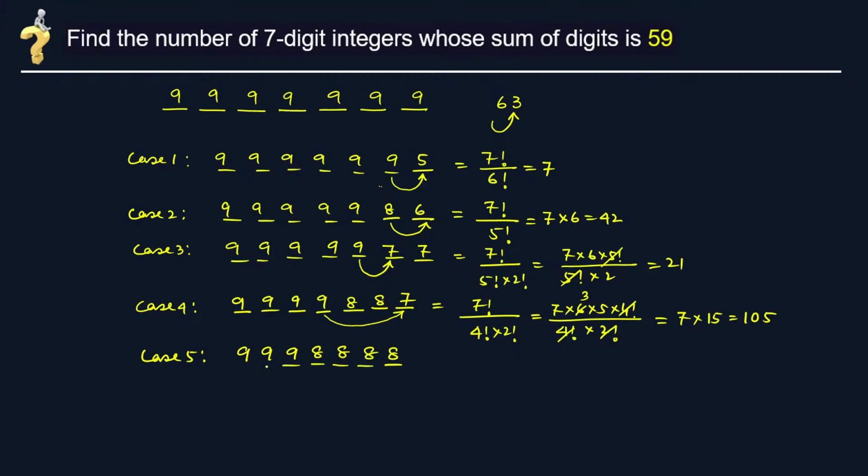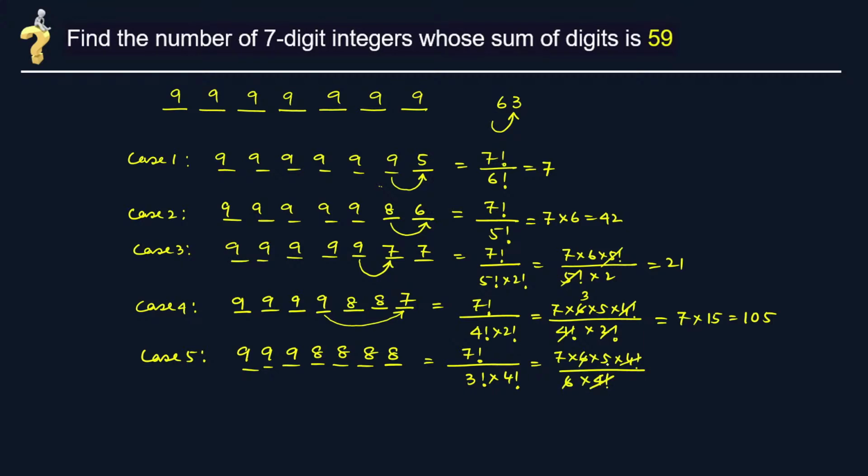Clear? So the 7 places can arrange among themselves in factorial 7 divided by factorial 3 into factorial 4 ways. Factorial 3 is for 3 identical 9s and factorial 4 is for 4 identical 8s. So you are going to have 7 into 6 into 5 into factorial 4 divided by 6 into factorial 4.